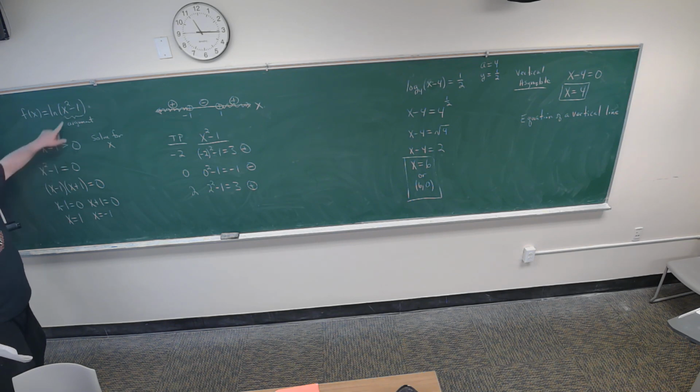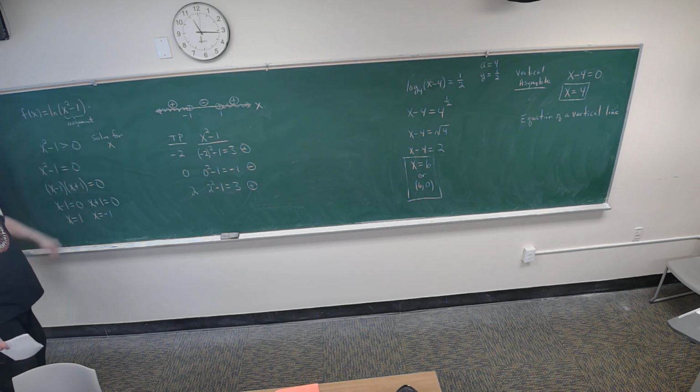Okay. Remember, you can take the log of a positive number. You can't take the log of 0 or a negative number. So if x is less than -1 or greater than 1, then our function is defined. If x is between -1 and 1, our function is undefined.